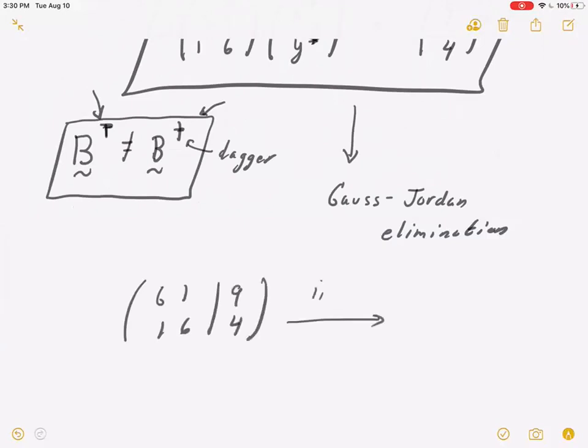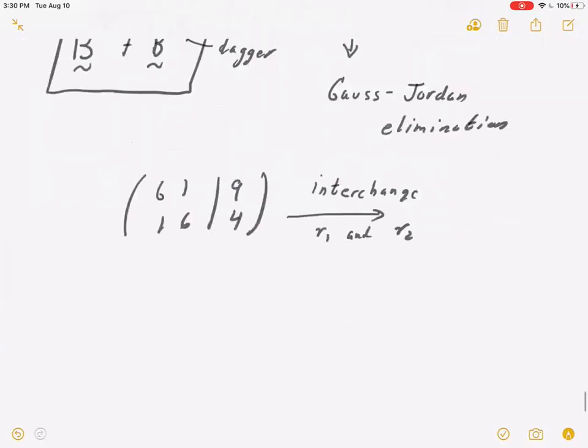So let's write this in reduced row echelon form. So let's interchange row 1 and row 2. Again, these are all skills that we've worked on developing in various stages of the course. So it's wonderful. Come back and use them again.